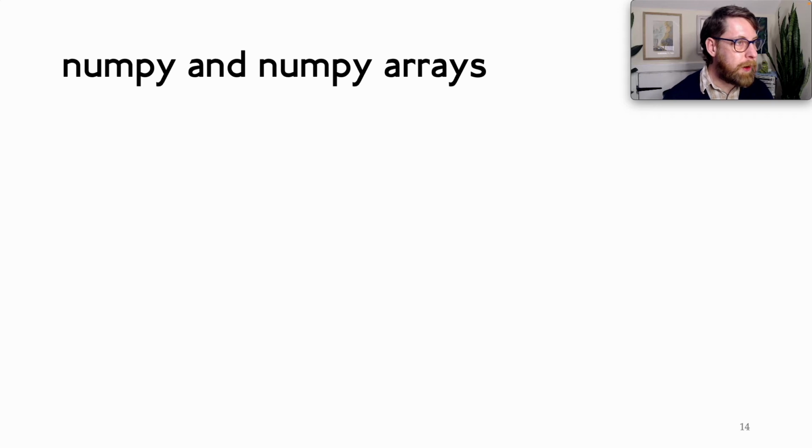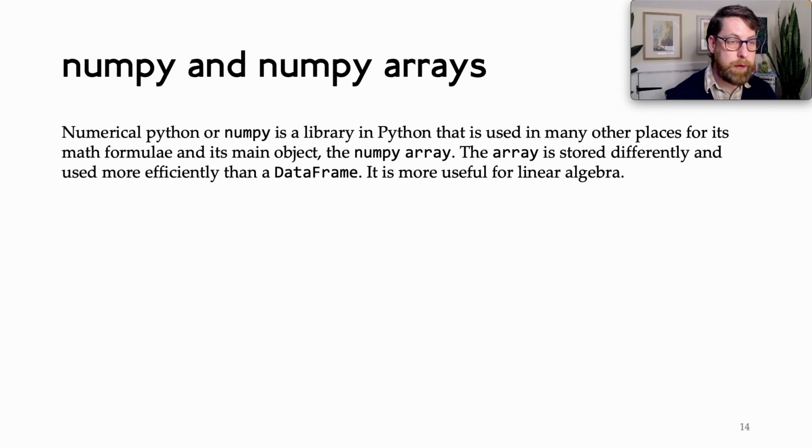Okay, so next I'd like to have a brief mention of NumPy and NumPy arrays. Now we don't use them that often in the book here, but they are really useful. Under the hood, the more computational you get, the more likely you are going to see NumPy arrays. They're more efficient than a data frame, and they're stored differently. So they're more useful for linear algebra.